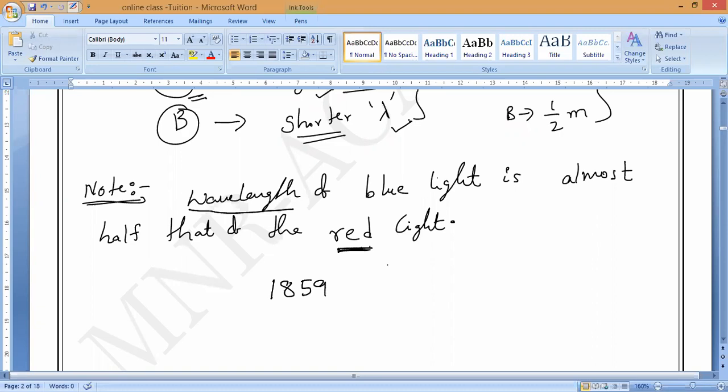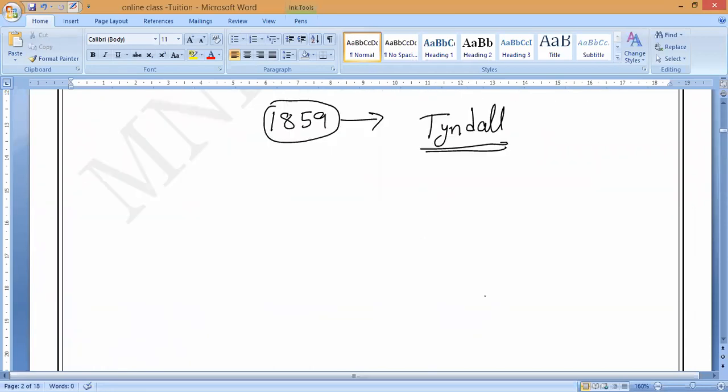Who found this in 1859? The scientist is Mr. Tyndall. That is why it is called the Tyndall Effect.